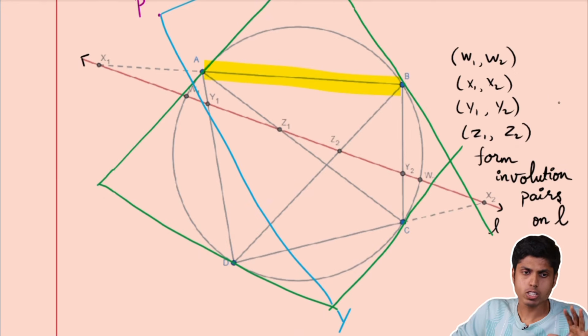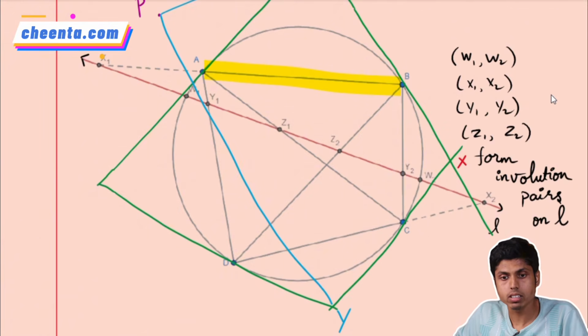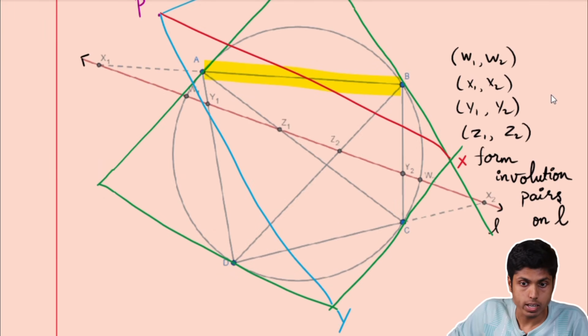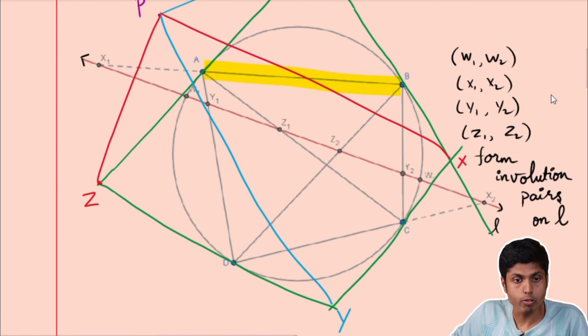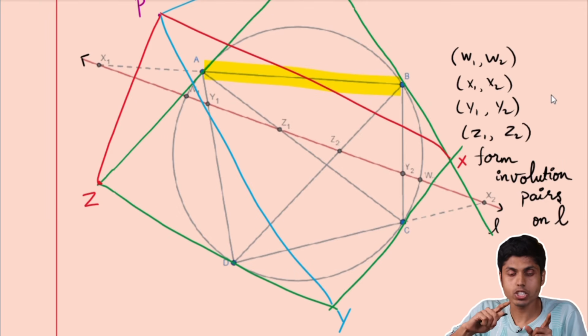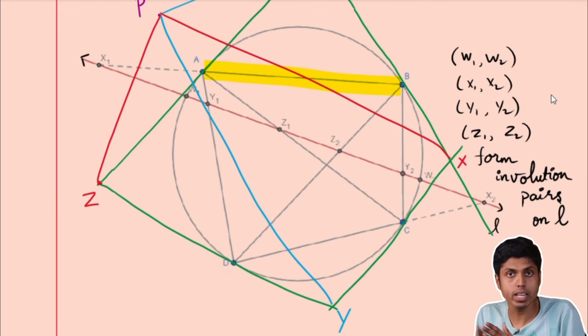And you can extrapolate this argument nicely to have the intersection of tangents at B and C as the pole of BC. So PX will be the polar of y2 and PZ will be the polar of y1. What about z1? Well, for that, we consider the intersection of tangents at A and C and the intersection of tangents at B and D as the poles of AC and BD respectively.